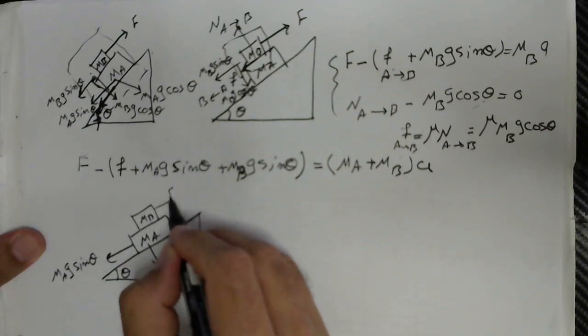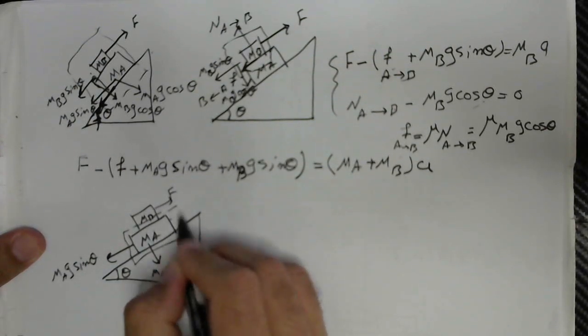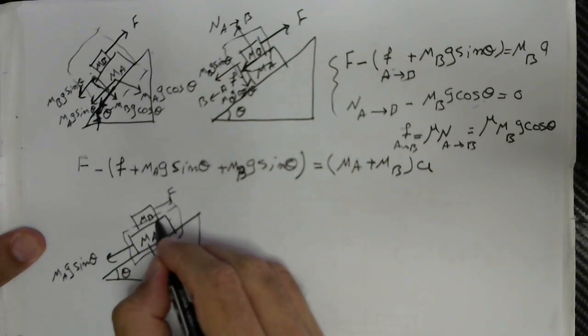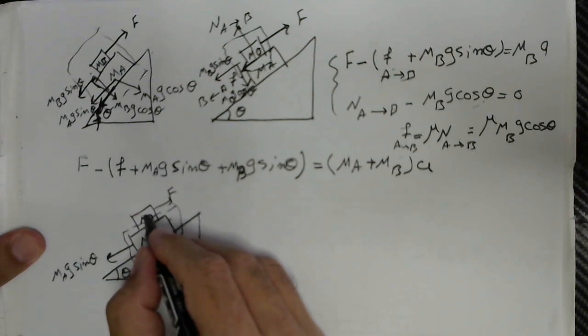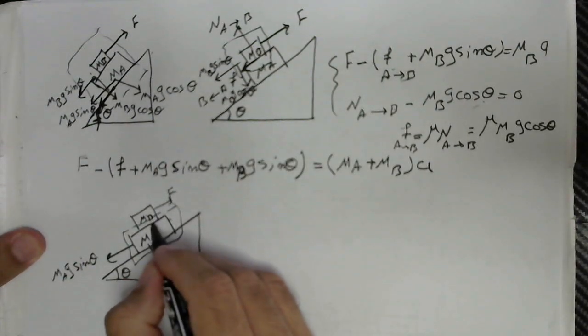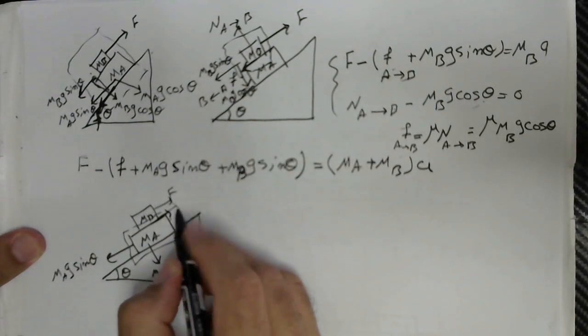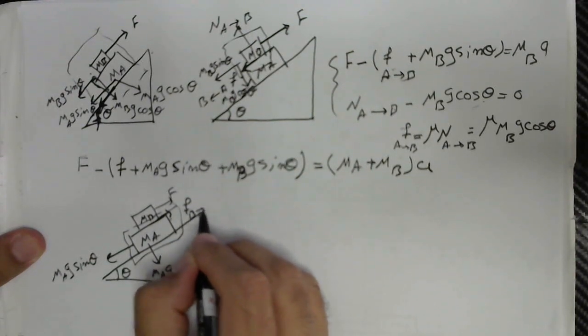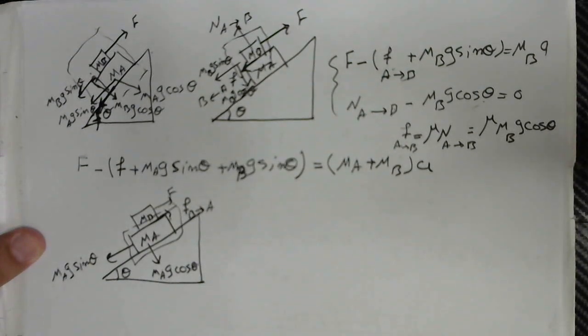Now, if this is F and I consider A as the system, then F is not the force acting on A, but the frictional force which B acts on A, pulling A upward. So that becomes F B to A. That becomes your driving force.